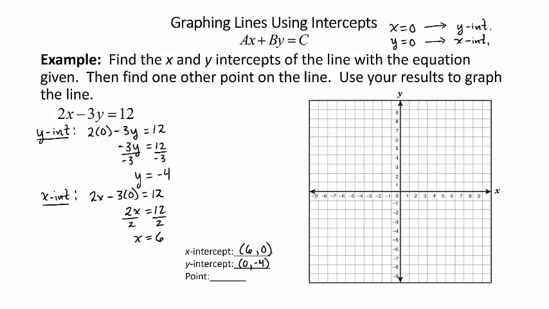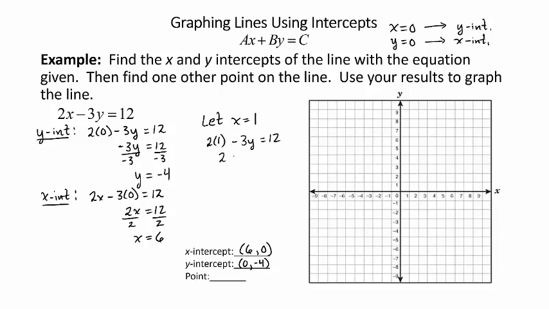Okay, now we want to find another point. So don't let x or y be 0. Let x or y be something else. Don't get crazy with it, keep the numbers small. Let x equal 1 and let's see what happens. If we let x equal 1, we have 2 times 1 minus 3y equal to 12.